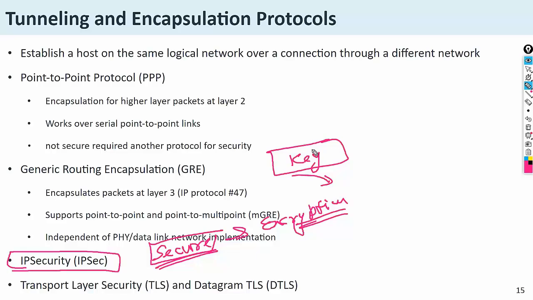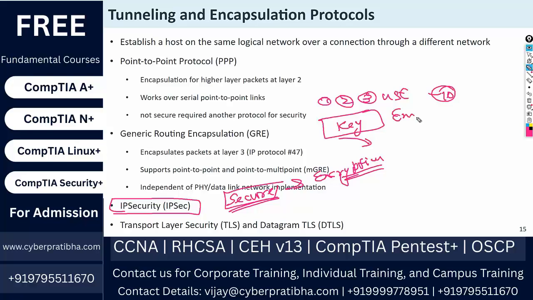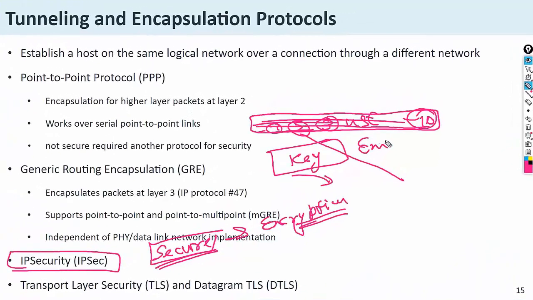So when all the packets, like packet number 1, 2, 3, 4, 5, 6, 7, 10 packets, have encrypted data, they go in a specific tunnel, or we can say this is a tunnel where all the encrypted data is traveling. And this tunnel or this encryption can be provided by IP security. It is called IPSec.